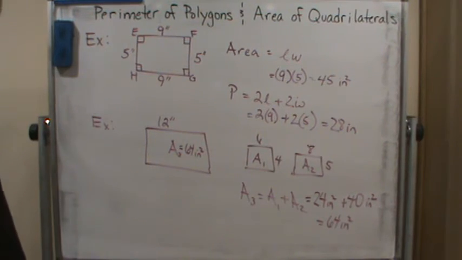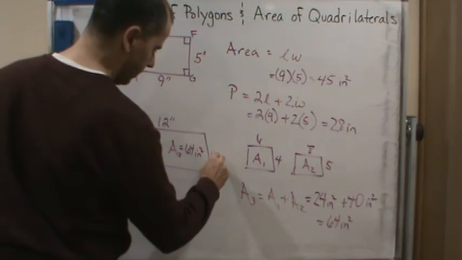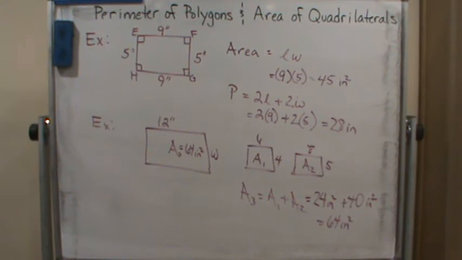So the question is what is W? What's the width of this rectangle?